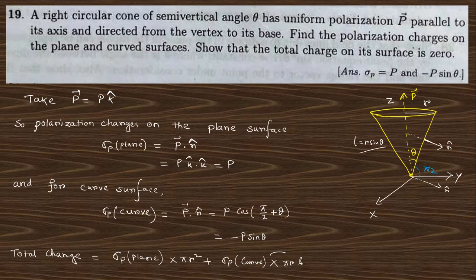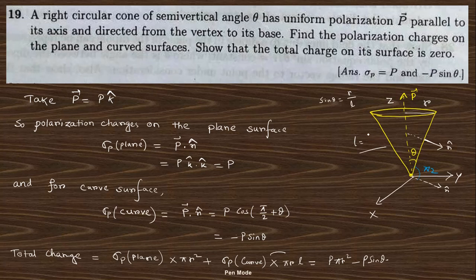If this is pi r l, you can write the total charge as P times pi r square, and minus P sine theta times pi r l. Actually, sine theta is perpendicular by hypotenuse, r by l, so l is r by sine theta.